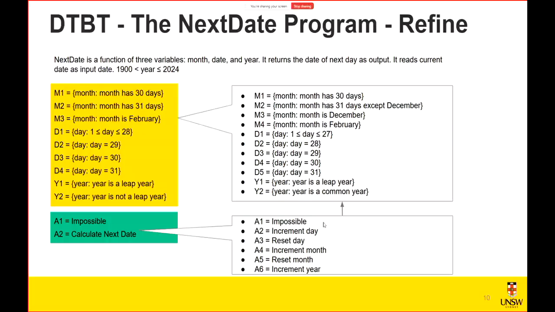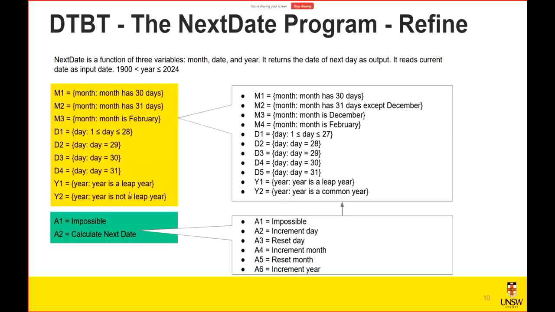We need to think about whether the program will increment day, month, or year. So we need to think about last day, last month, and last year. In addition to the original conditions here, we need to consider whether the month is the last month of the year, or whether the day is the last day of a month, because 28 could be the last day of February. So we make it an individual condition here.